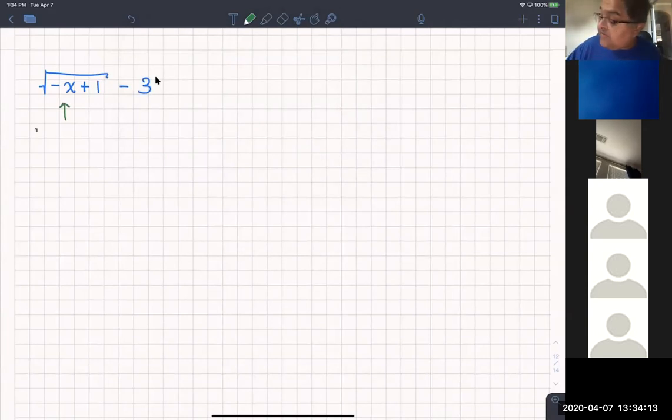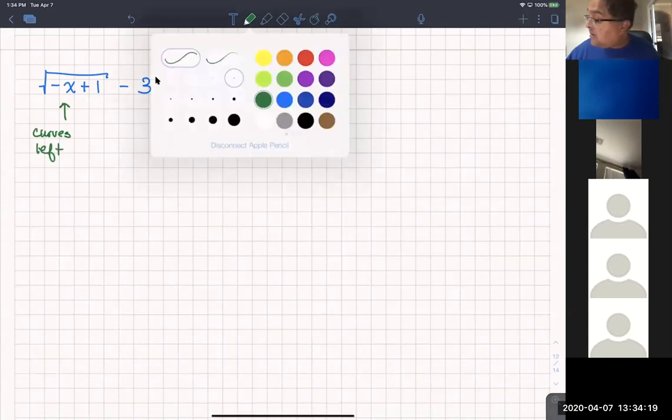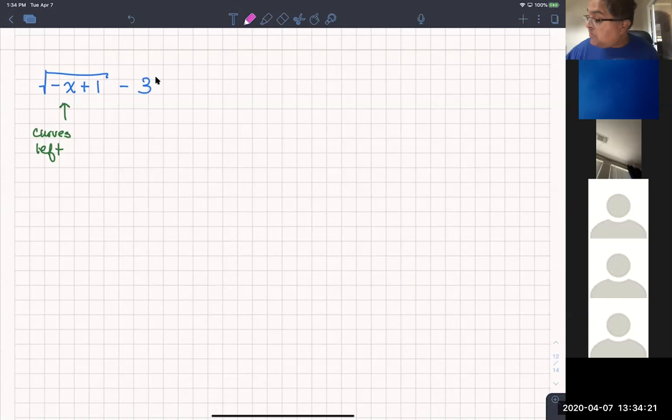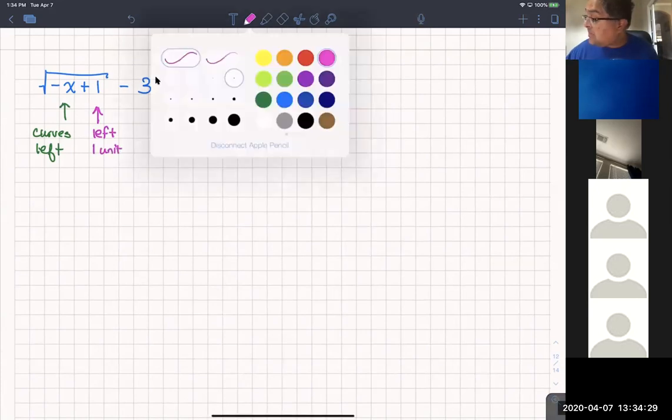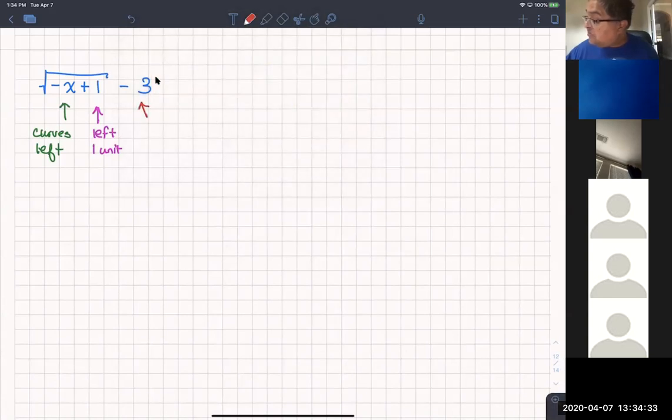This curves left. Down. No, wait a minute. This moves it left. Well, what about the minus 3? I'm going to get to that. One second. And this moves down.